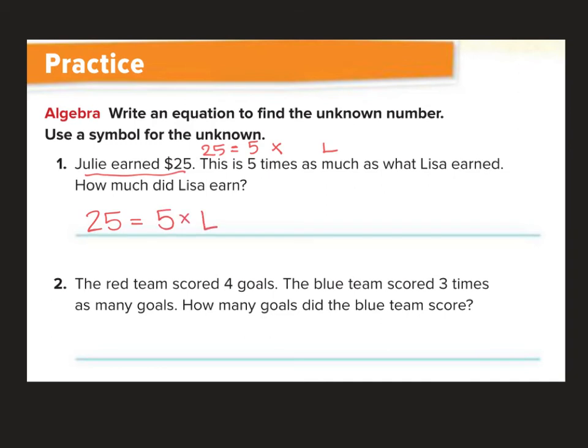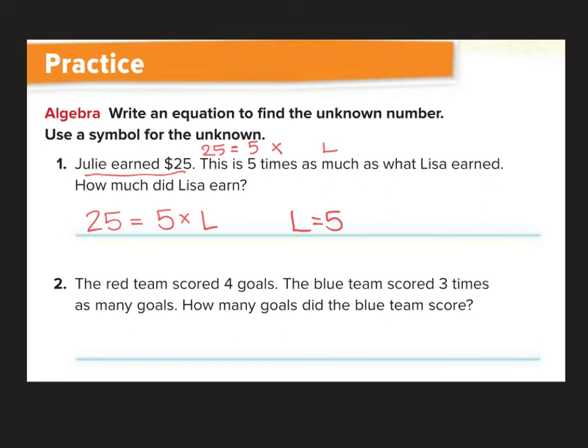How much money did Lisa earn? So 5 groups of what get us to 25? Well, I know that 5 groups of 5, right? If I count on my fingers, how many are 5 groups of 5 worth? I get 5, 10, 15, 20, 25. So I know that L is equal to 5.